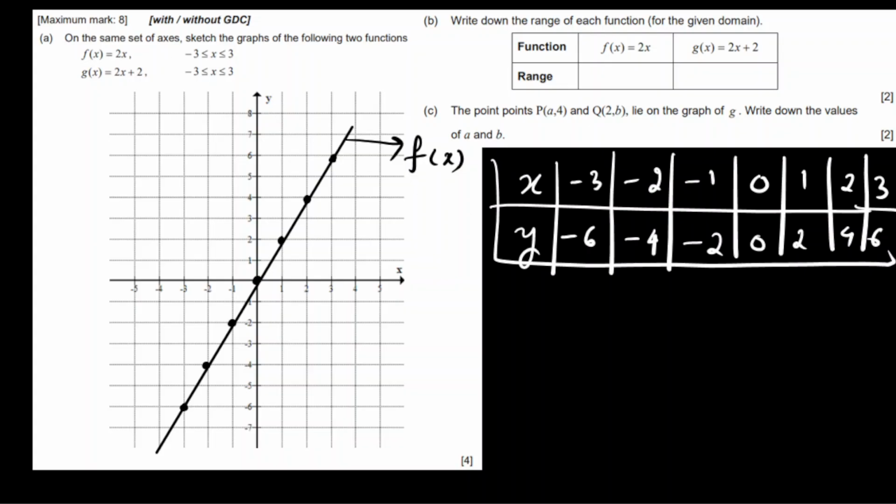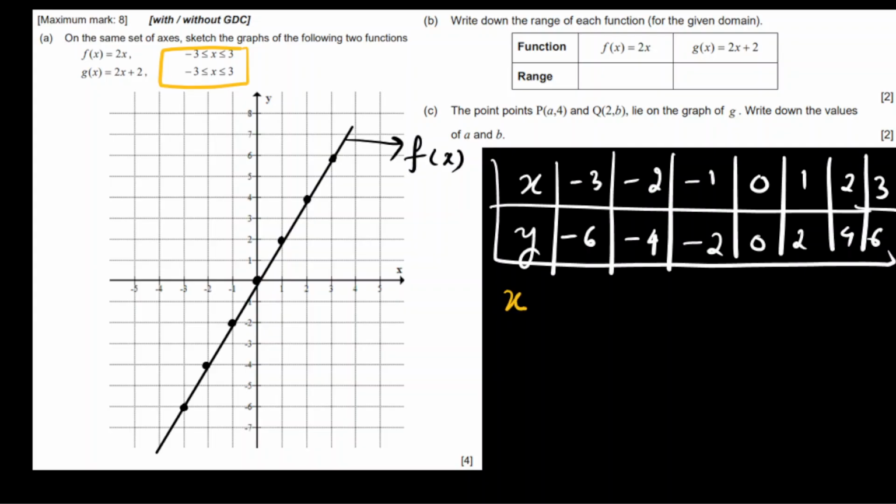Now let's plot g(x). For g(x), the function given to us is 2x plus 2. We can take the same values of x, because the domain is given to us for g(x) also. You can see the x should be within this range only: x should be greater than or equal to negative 3 and less than or equal to 3.